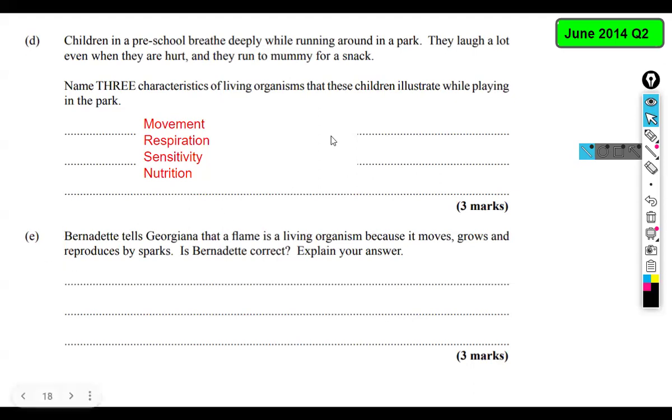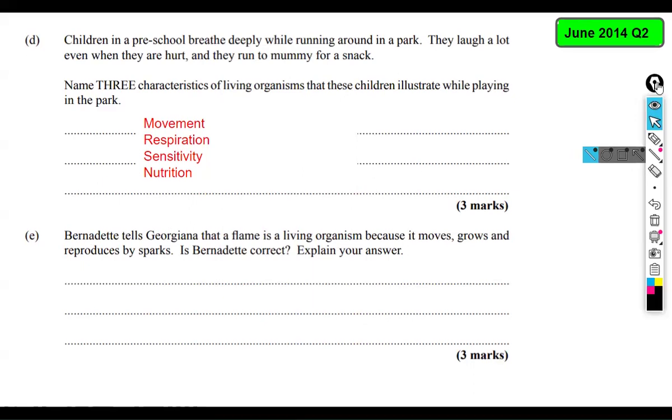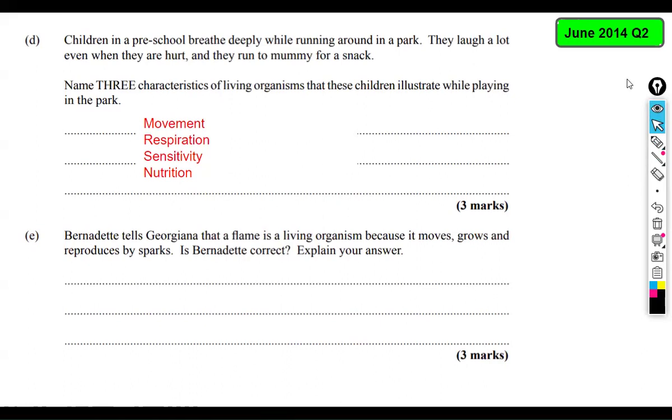Now for part E, we had discussed this question last term as well. A fire seems to be living, a flame, right? And this is one of those questions that philosophers throw on you. They challenge you, right? A flame has the same characteristics as a living organism. Like, for example, all living things grow.